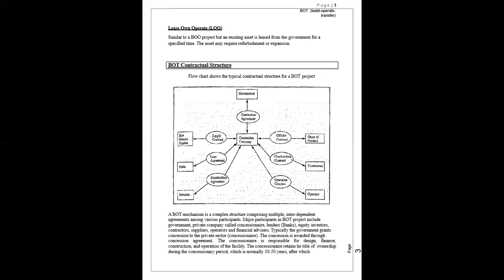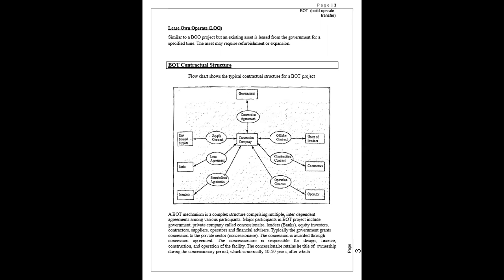Okay, so this is a little bit of a complex mechanism. So the BOT mechanism is a complex structure comprising multiple interdependent agreements among various participants. Okay, so each and everybody is a participant here. Operator is a participant, contractor is a participant, raw material supplier is a participant, investor is a participant.